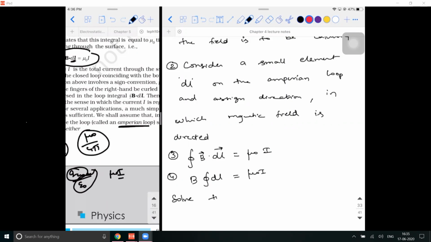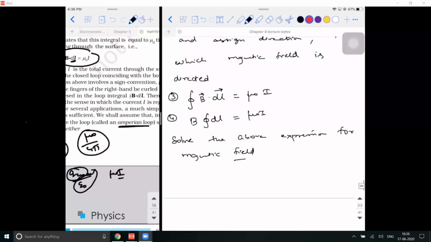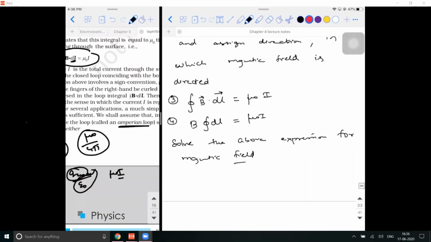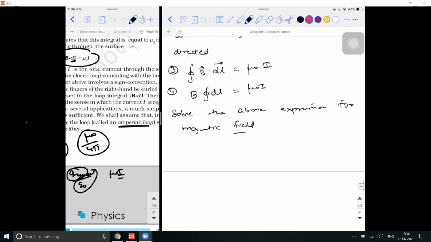Then solve the above expression for the magnetic field. Okay, so you solve for the result. It's very simple. So I'm going to start with a known value.